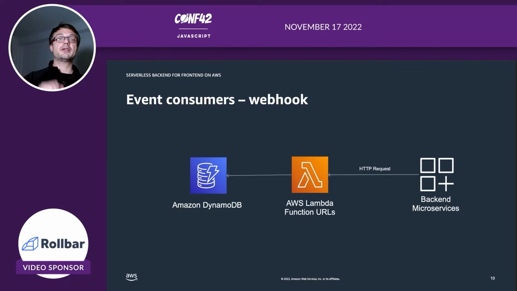But Lambda functions have additional functionality added quite recently, which is called function URLs. This functionality allows you to expose your Lambda function directly via an HTTP endpoint. So you won't need an API gateway here to create such webhooks.